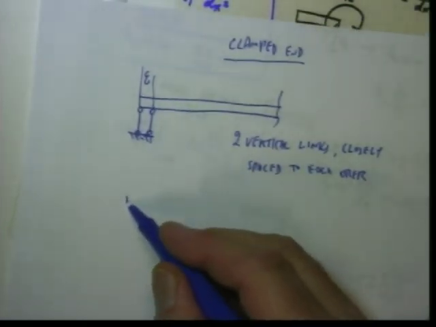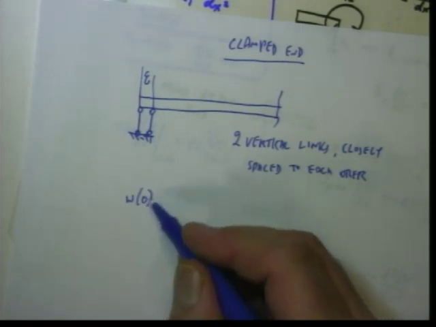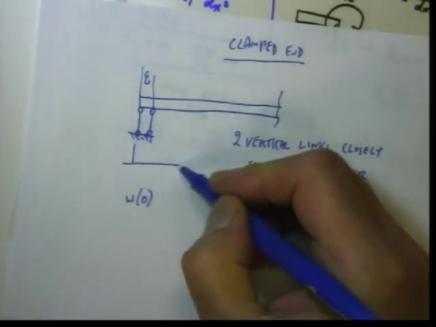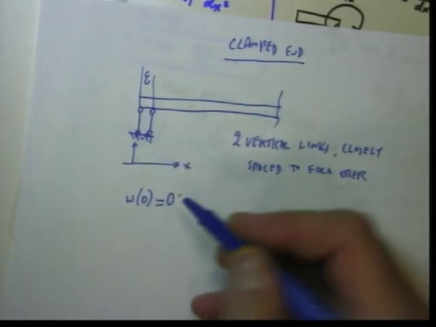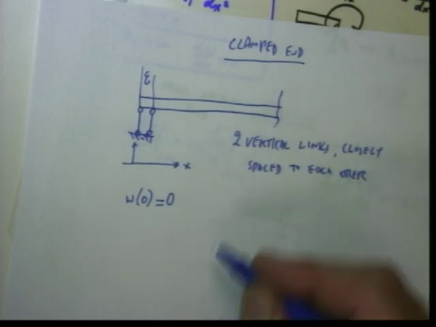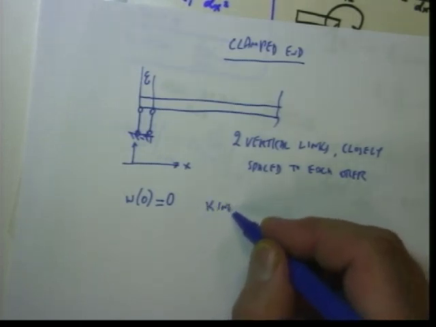Now, naturally, if this is a coordinate system X, W at 0 equals 0. So there is a kinematic restriction.